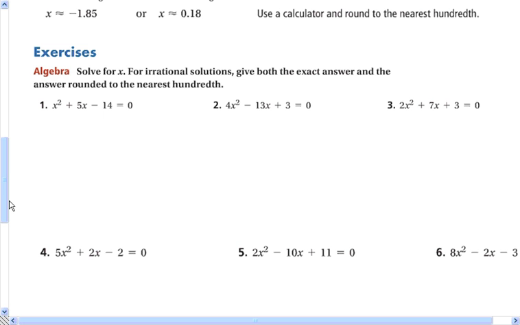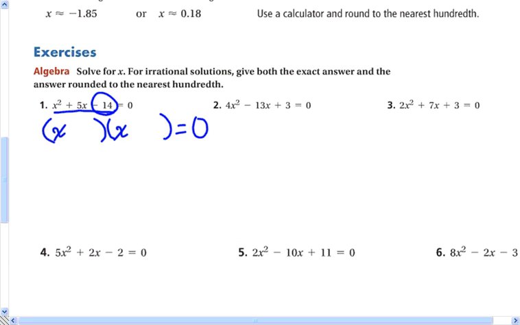The first one here can actually be factored, so we're going to use factoring for this one. We're looking for two binomials that multiply together to equal x squared plus 5x minus 14. Obviously the first term in each binomial is x, because x times x is x squared. The minus 14 comes from the second term in each binomial.